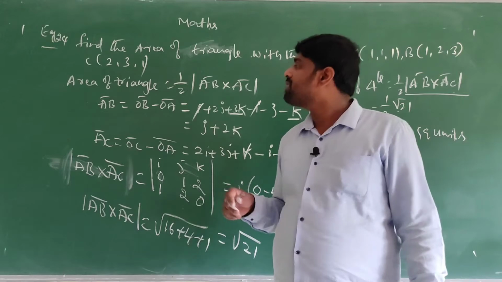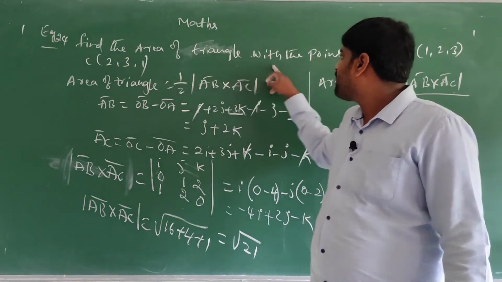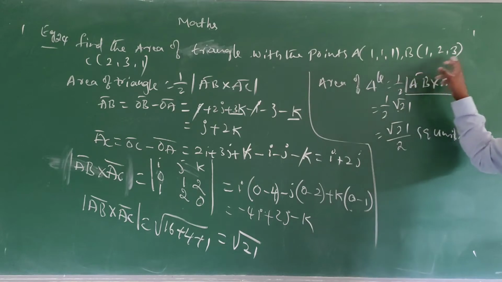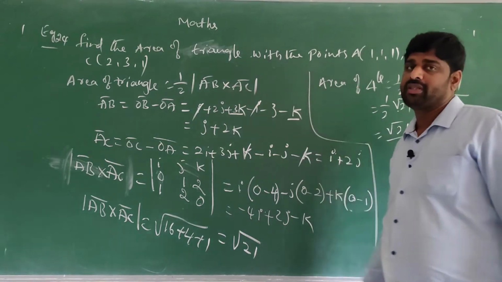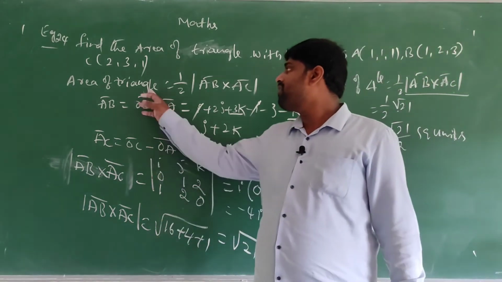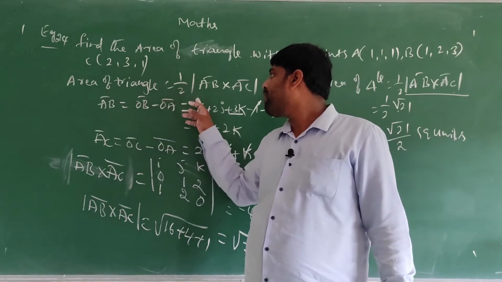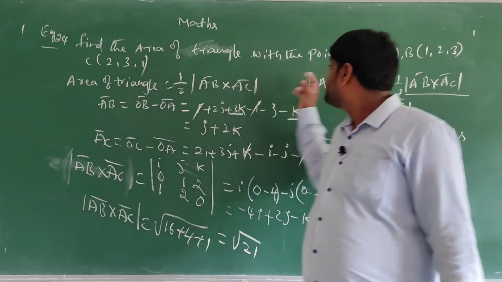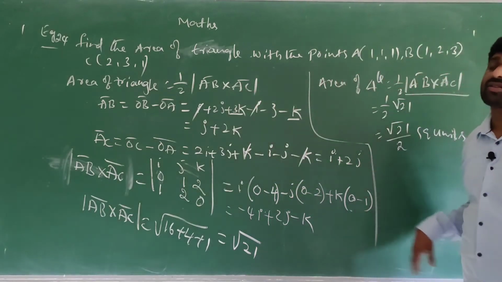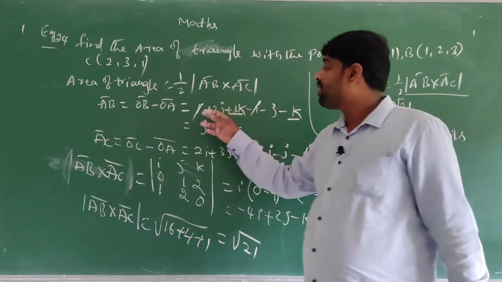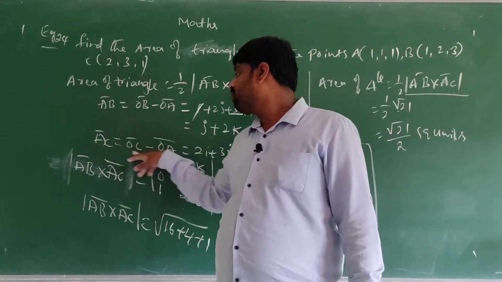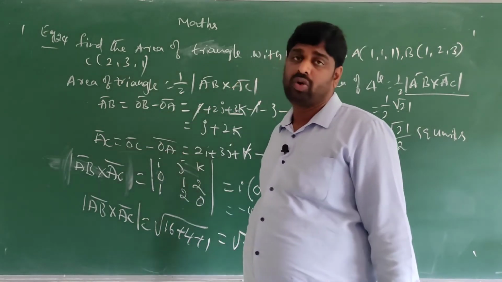Observe once again: we have to find the area of the triangle with points A(1, 1, 1), B(1, 2, 3), C(2, 3, 1). The formula is 1/2 magnitude of AB bar cross AC bar. These are position vectors, so AB bar equals OB bar minus OA bar and AC bar equals OC bar minus OA bar.